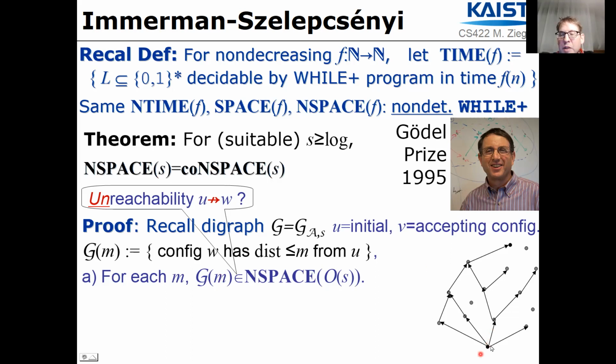Okay, so the essence here is: guess the path from the start to the given configuration, making sure that the path has at most M steps, but not storing all the intermediate configurations, instead forgetting in each round the previous configuration. And look at that from the deterministic perspective. Why is this not possible deterministically?